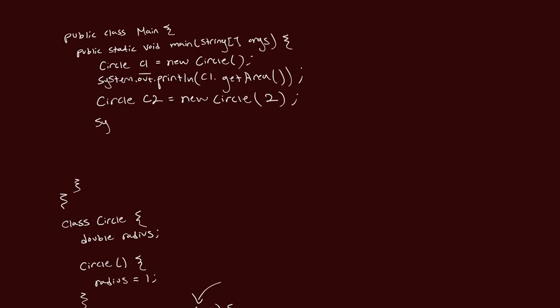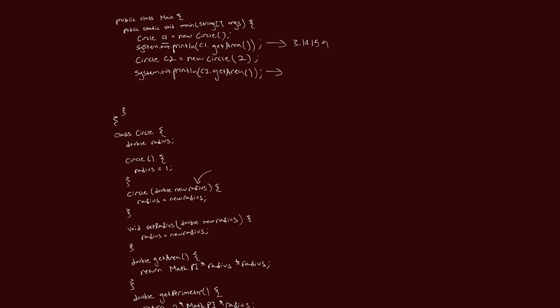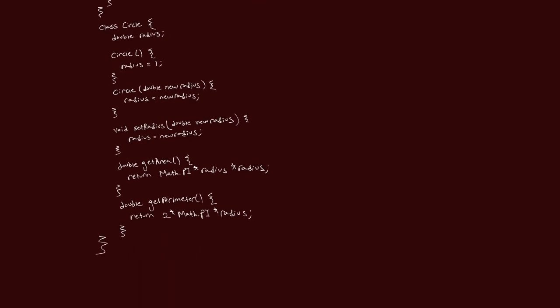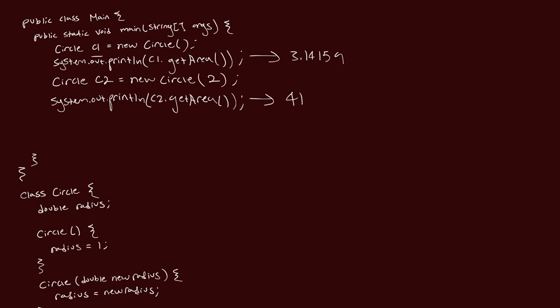So for c2, if we do c2.getArea, since our radius is 2, our area is going to be 4 pi. So it calculates whatever 4 pi is, and that's what's going to display out here.